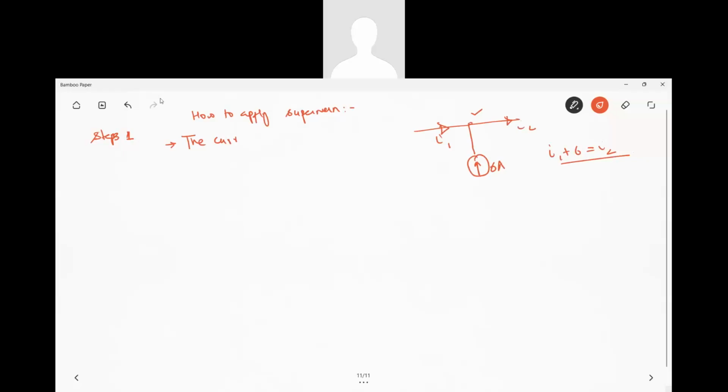Like in the super node, this was your plus and minus, this was your V2 and V3, and if I wrote here 5, it was V2 minus V3 is equal to 5. So this only gave you the constant. Here also in the super mesh, this current source will give you the constant equation.